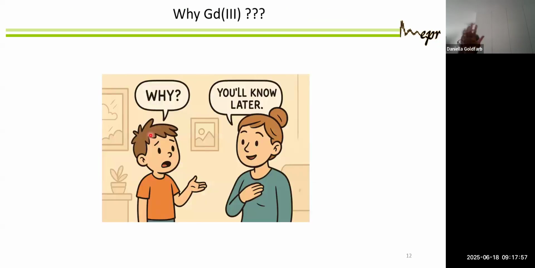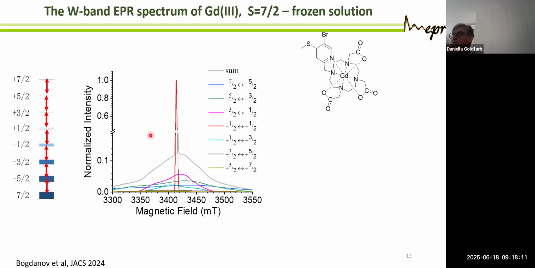So now, okay, nitroxide really works. So why gadolinium? Why bother with gadolinium? I hope that you will see this later throughout the talk. So let's look at the specific EPR properties of gadolinium.